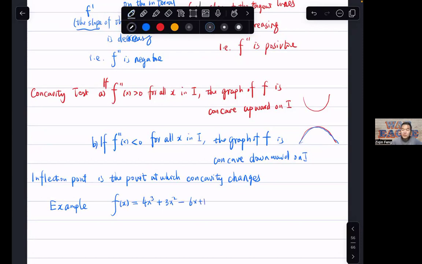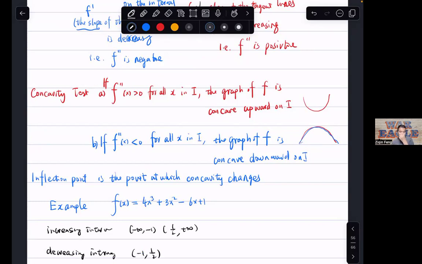Using our first derivative test, we know that this function has two increasing intervals, from negative infinity to -1 and from 1/2 to positive infinity. It has a decreasing interval, which is from -1 to 1/2.